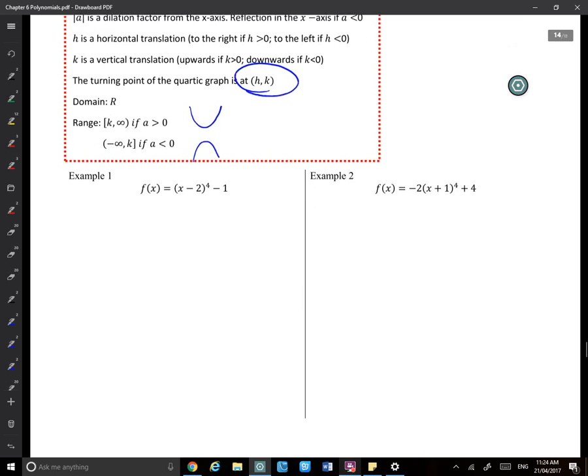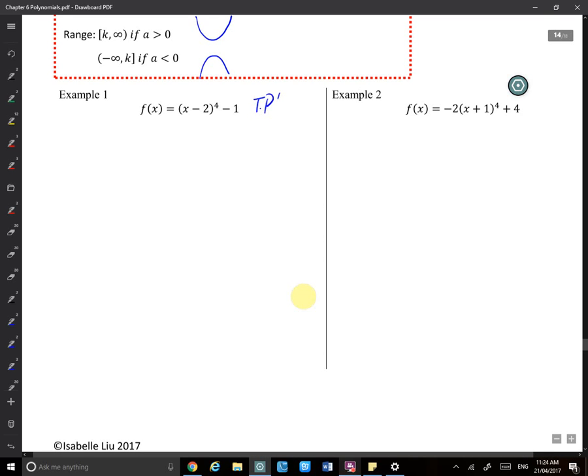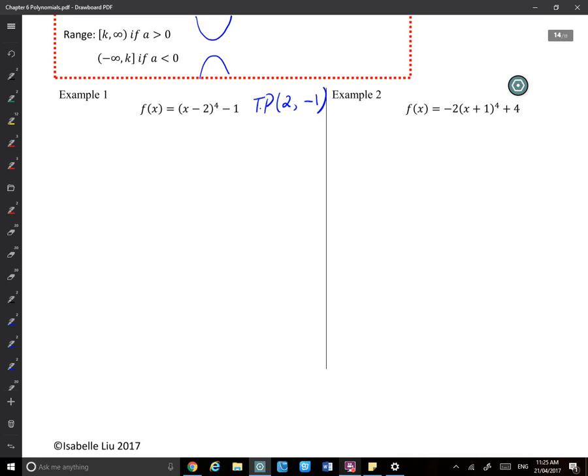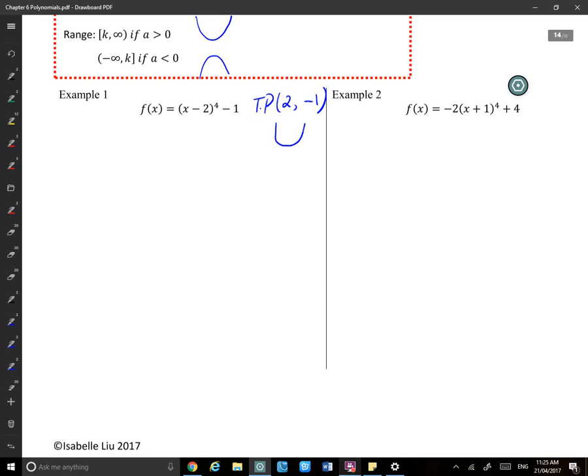Let's have a look at this example. You have (x - 2) to the power 4 minus 1. First of all, you have the turning point at (2, -1). That's how you find the turning point for quadratic. Now you know the shape will be this shape because the a value is positive.